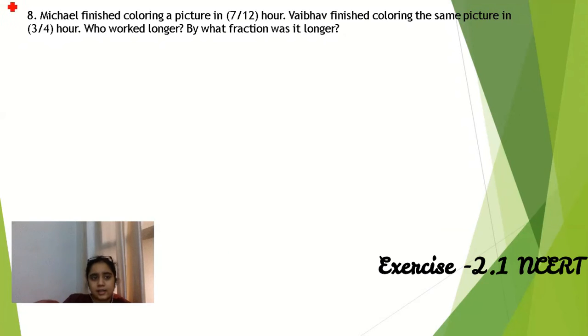So our next question is that Michael finished coloring a picture in 7/12 hour, and Weber finished in 3/4 hour. We have to find out who worked longer and by what fraction it was longer.